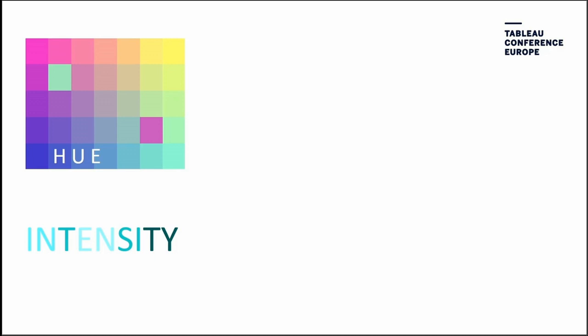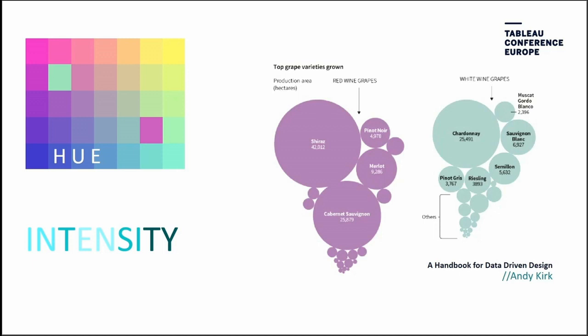A great example of this is taken from Andy Kirk's Data-Driven Design Handbook. Actually, if we look at the core of this visualization, this is just a bubble chart. It's two bubble charts, side by side, looking at grape varieties. But the moment you use that recognizable purple and shade of bluey green, it immediately brings to light that view of grapes.